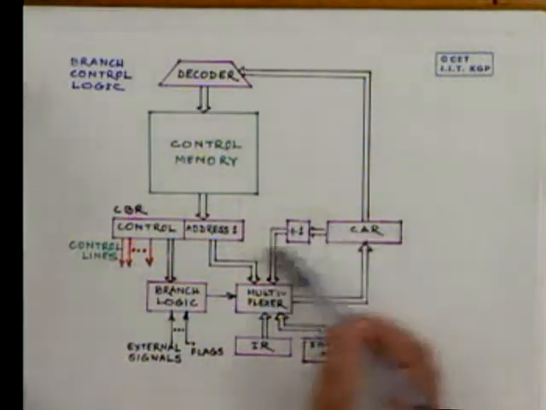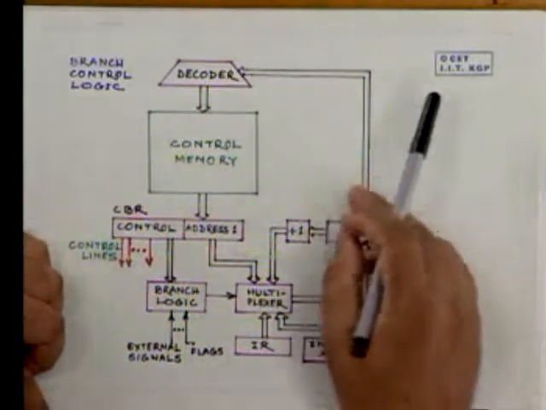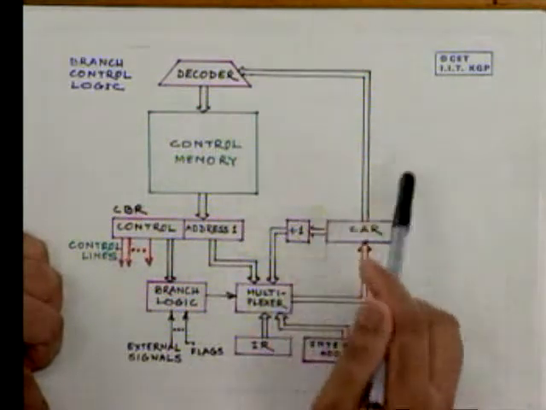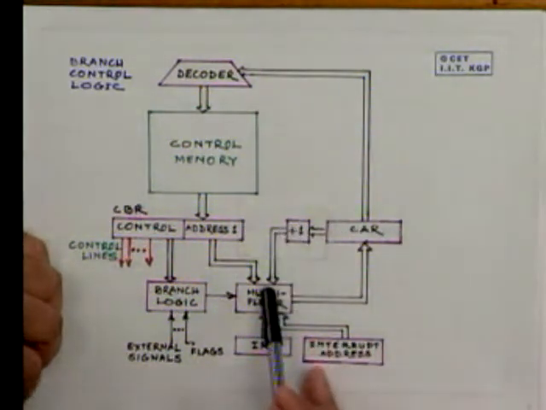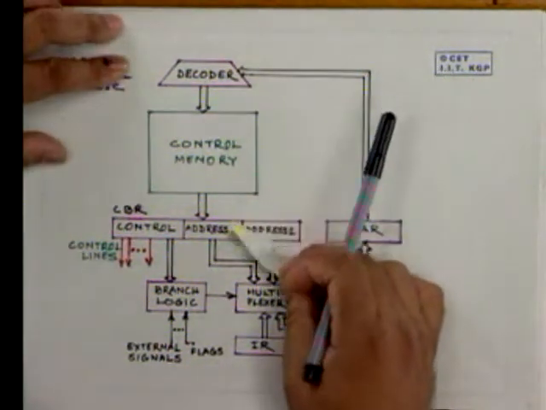Now, in many microprogram control units, instead of one address being kept over here, and the control address register incremented and coming into that multiplexer, the picture sometimes is this.